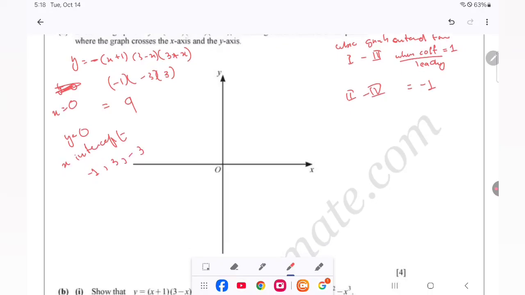These are the 3 points. So the 9 will lie here on the y-axis, and the 3 points are formed on the x-axis, which are -1, -3, and 3, and the graph would be something like that.